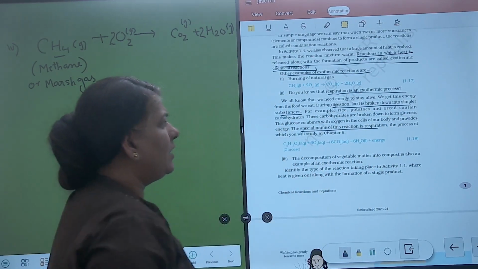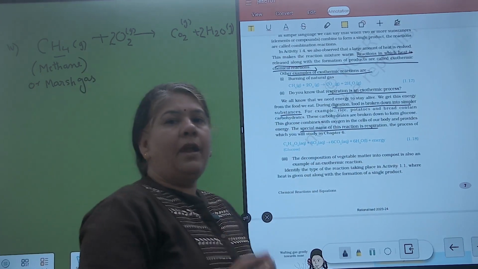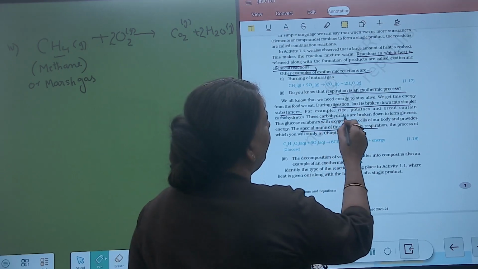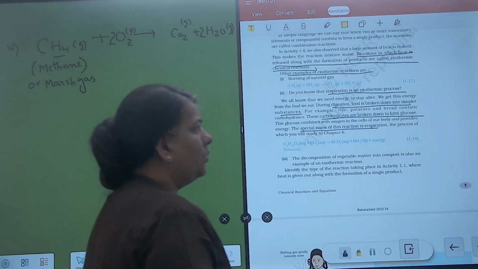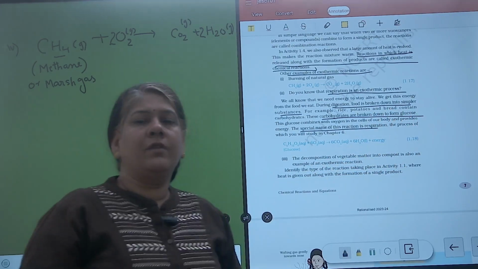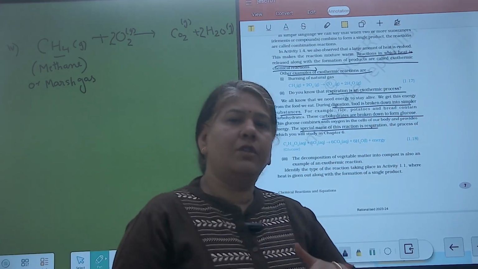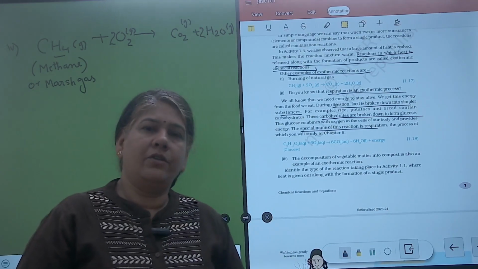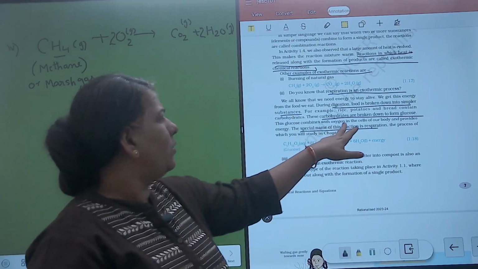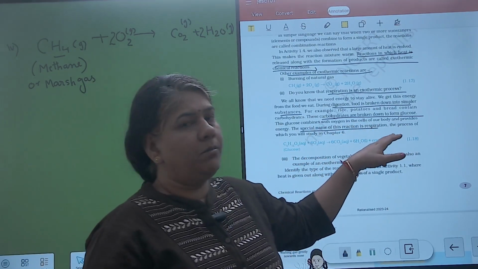These substances will finally enter into our cells. Carbohydrates, for example, are broken down to form glucose. These glucose molecules are so small that they can enter from the digestive system into the bloodstream, and from the bloodstream they can go into each and every cell of our body.